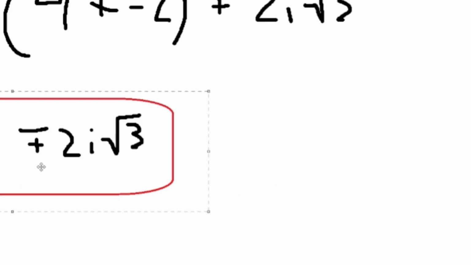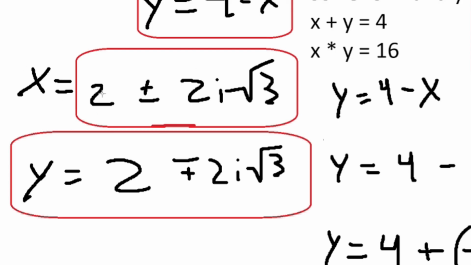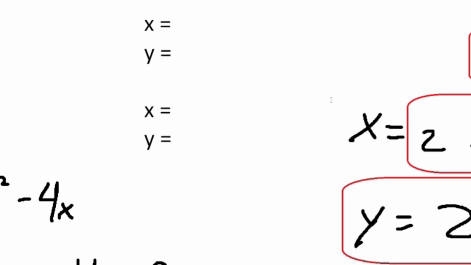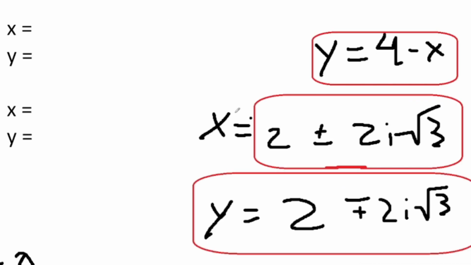Now wait, isn't this just x? Look, x is equal to 2 plus or minus 2i root 3. Y is equal to 2, minus plus. So how does that work? Okay, here, so how this works, we have two sets of equations here. So when x is positive, we have 2 plus 2i root 3. But when x is positive, y is negative.